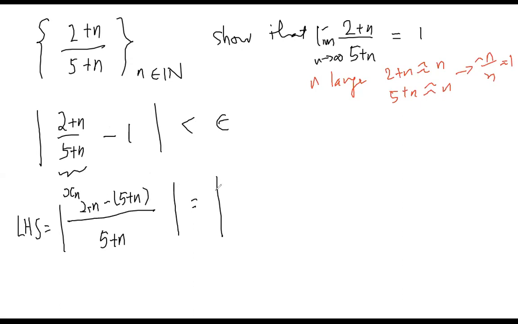The n will cancel, so you have minus 3 over 5 plus n, which is basically just 3 over 5 plus n. So this implies that you have this inequality.